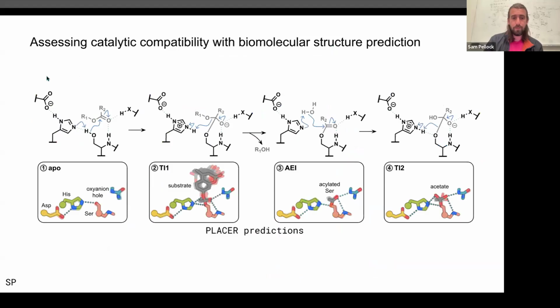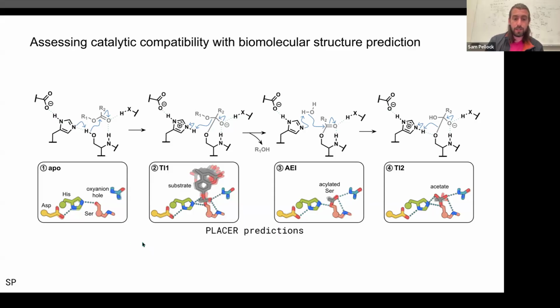One of the nice things about Placer, and now we have things like AlphaFold 3 and RoseTTAFold All-Atom, is that it allows us to not only predict protein structures, but also predict proteins in complex with small molecules or even covalent intermediates or anything that's covalently modified. And that lends itself really well to modeling the reaction coordinate for serine hydrolases.